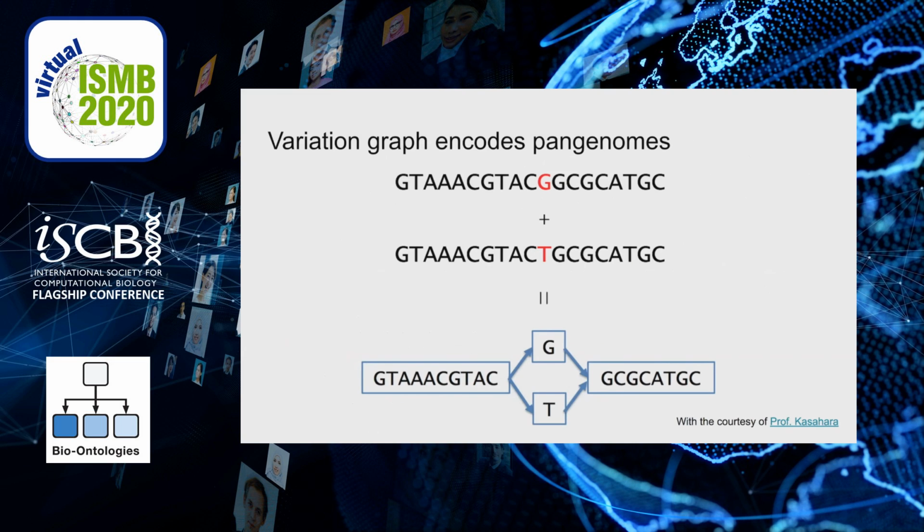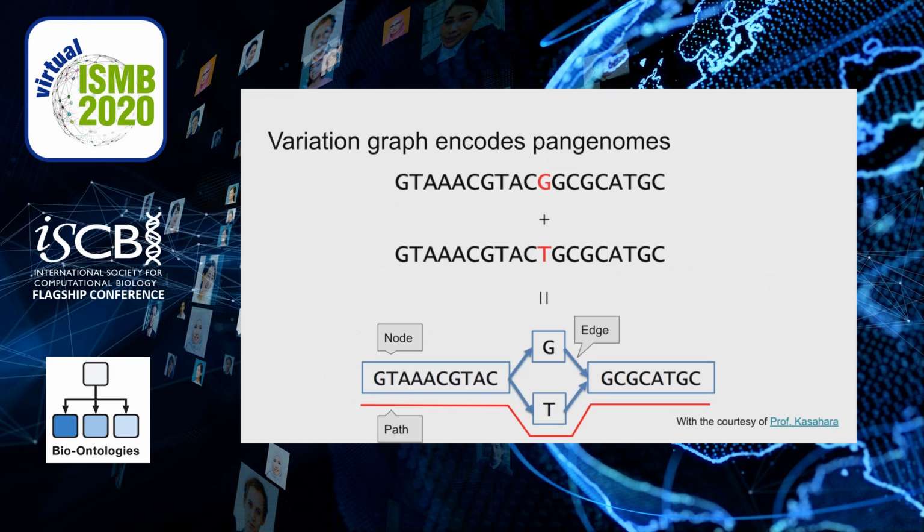Okay, a variation graph is a data structure that can encode multiple genomes as a graph structure. Here there are two genomes with one SNP in the middle. When we convert this to a graph, the graph looks as follows. Common sequences are merged into one node, and variation is represented as branching of the graph.